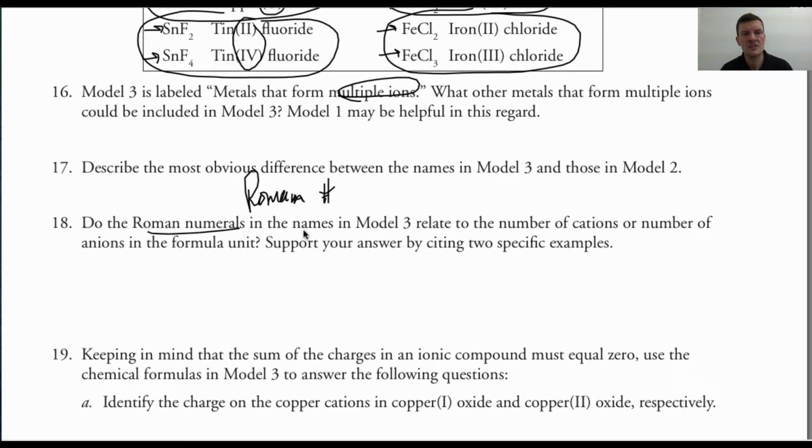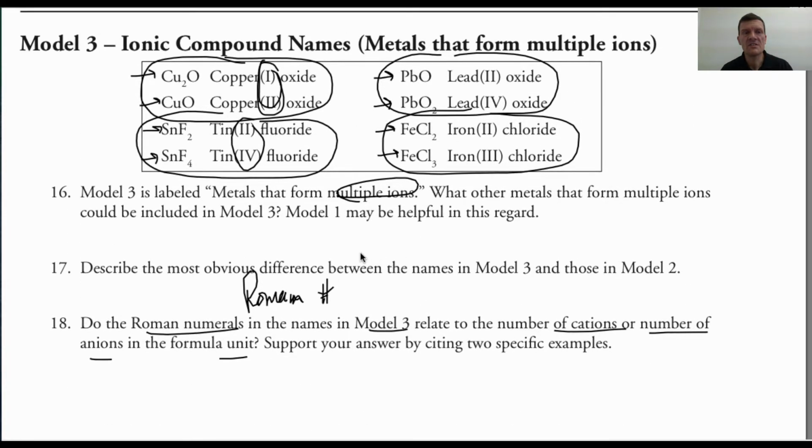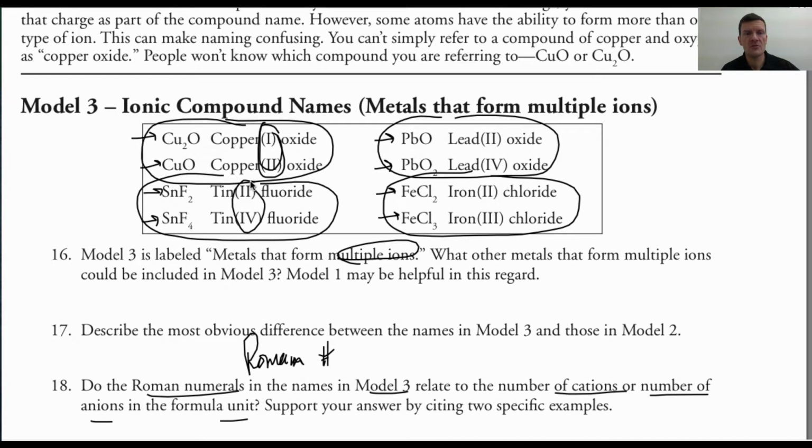Do the Roman numerals in the names of Model 3 relate to the number of cations or number of anions in the formula unit? All right, support your answer by citing two specific examples. Okay, what this is actually telling you is the charge on the cation. And it also is going to tell you then how many of the non-metal ions you need.